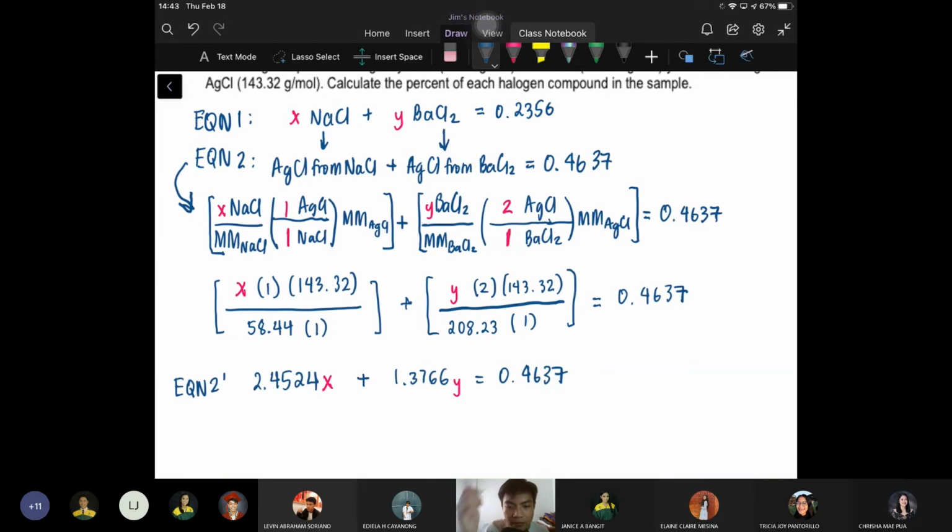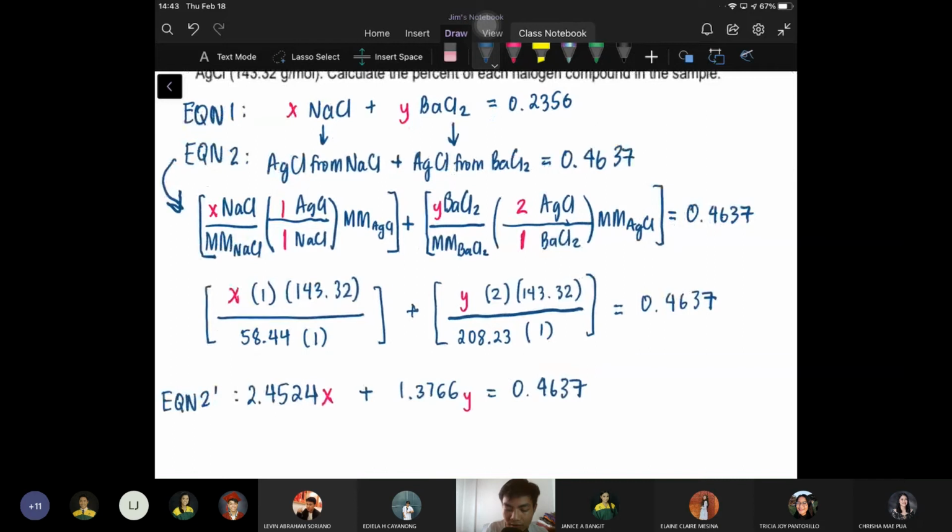Okay, so pag may prime, may parenthesis lang. So bakit siya equation 2 prime? Kasi dito siya galing sa equation 2, di ba? So basically, ganito lang yung idea ng ginawa natin. No? So kung alam mo yung value ng x, pwede mo malaman kung ano yung mass ng AgCl from NaCl. Kunwari, 1 to.